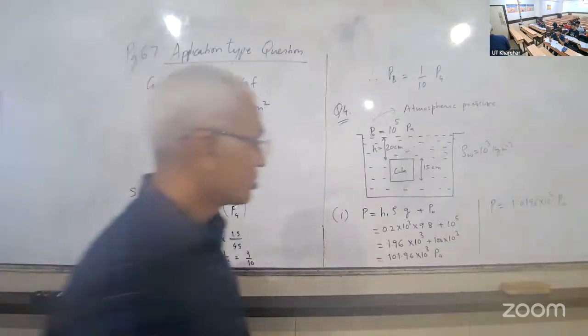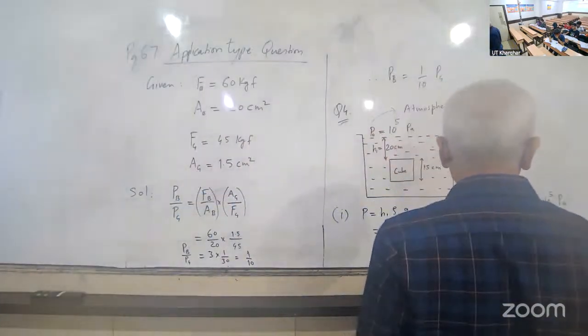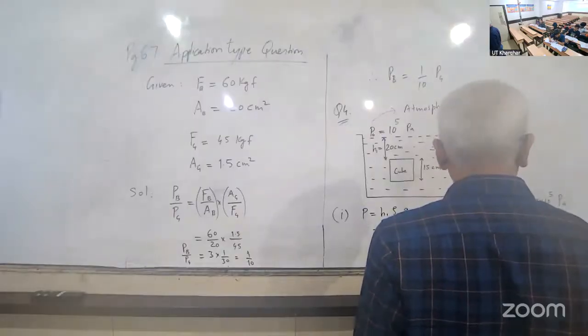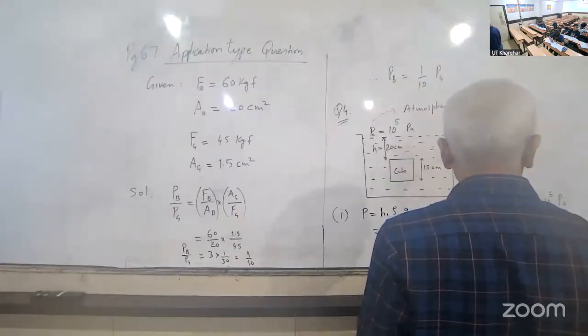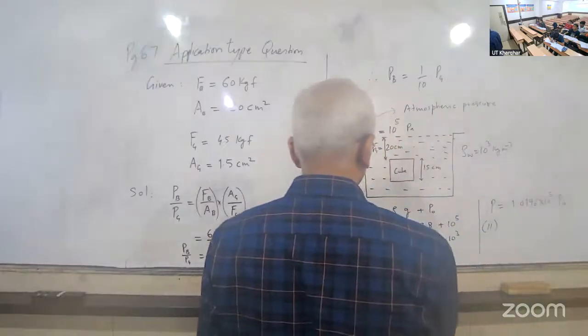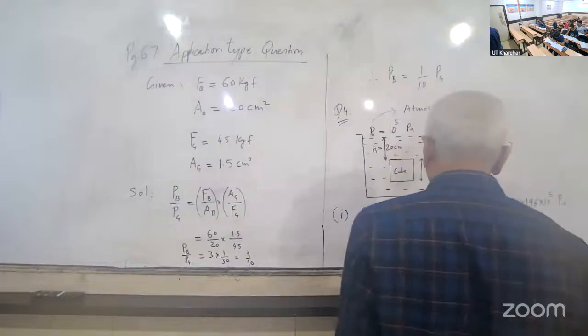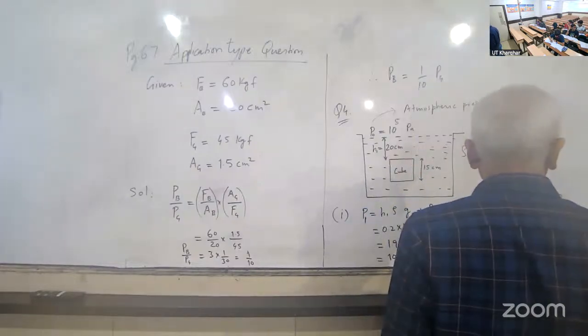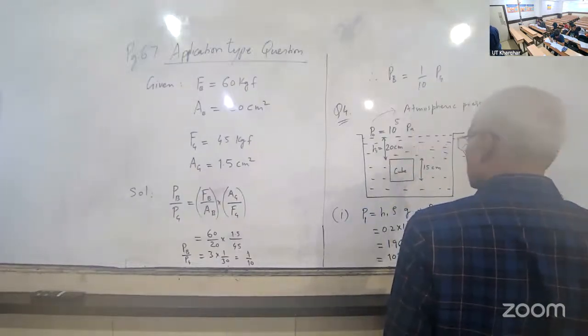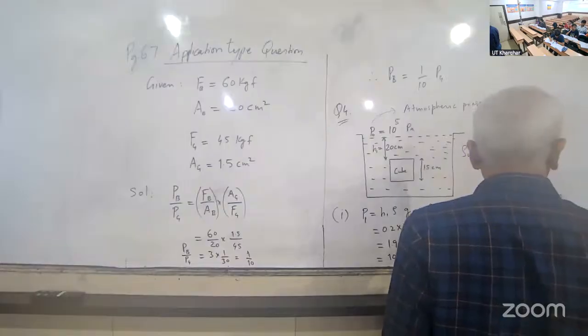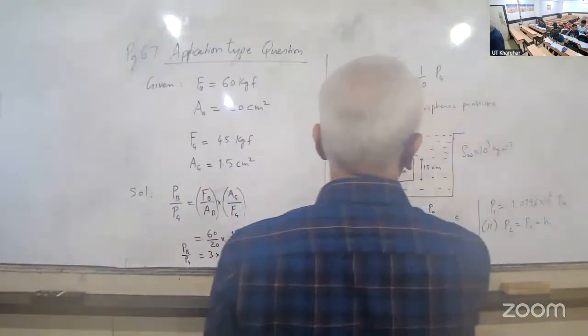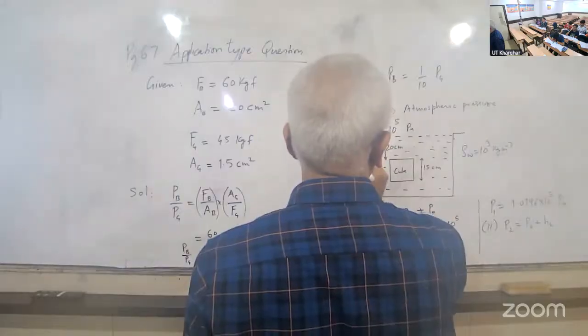So in the second question, what will happen? Let's call this P1. Now P2 is equal to again P0 plus H2 rho g. H2 we have to take from here.